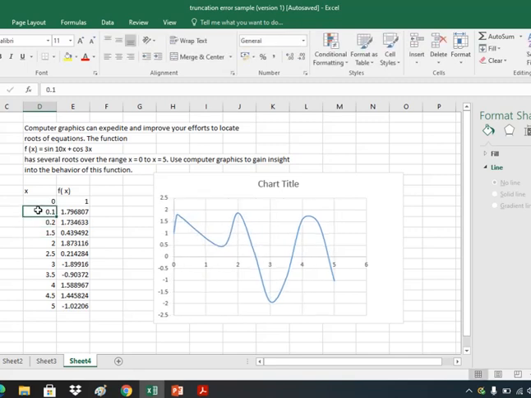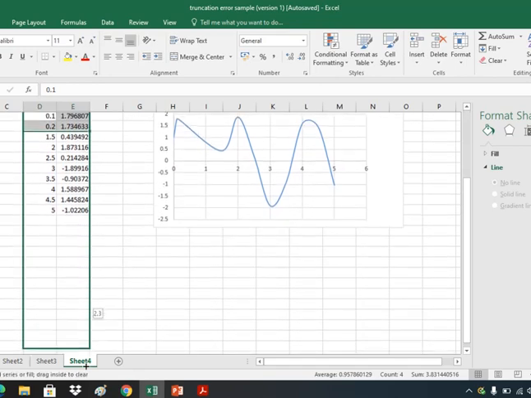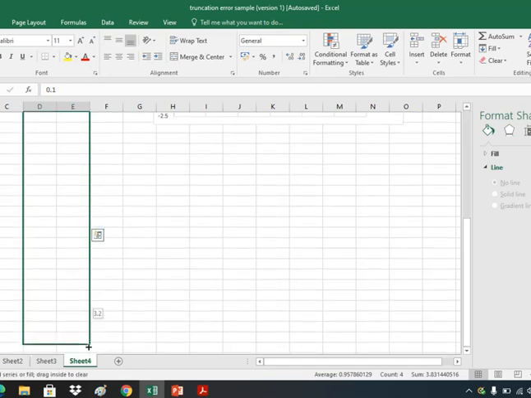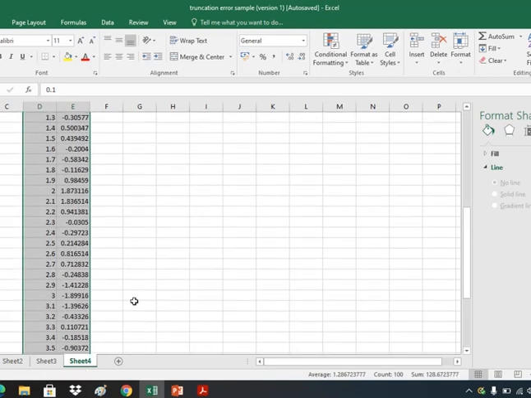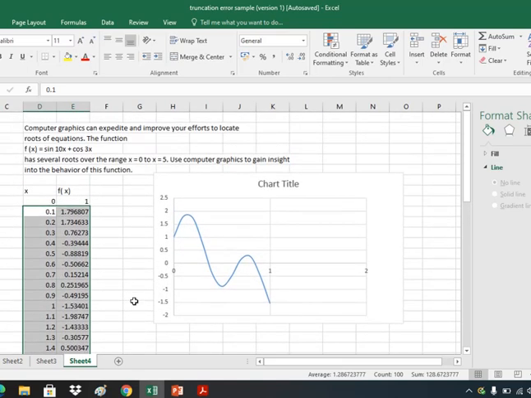Let's check kung ano magiging behavior nung graph. Hanggang 5. Okay. So we will have the graph.